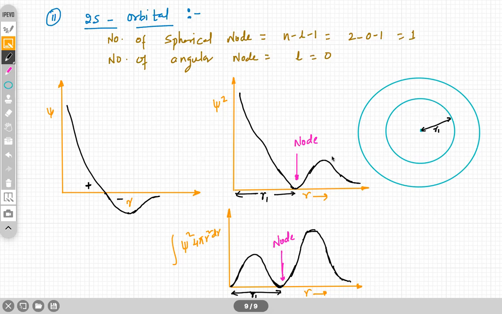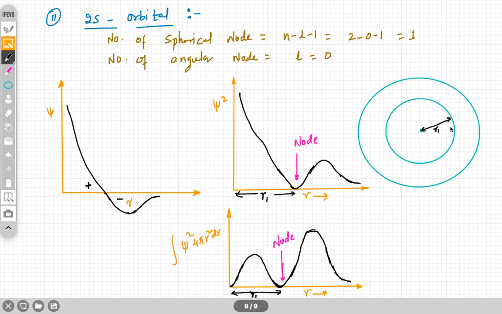Sir, imagine the first circle you drew is 1s, and the second circle you drew was 2s. So the region between that is empty, right? There's no electron over there. That we cannot say. If this is the sphere of this distance, then it is possible.